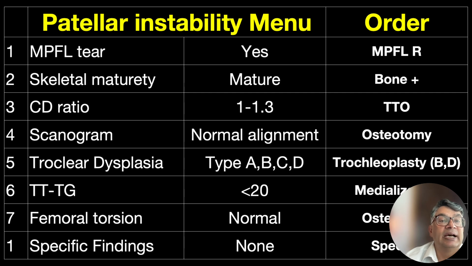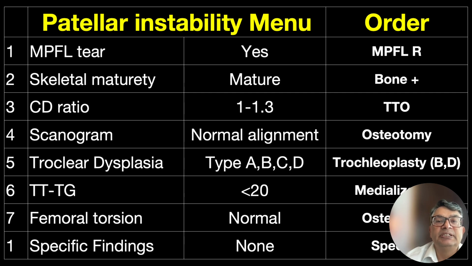I identify these 8 parameters: MPFL tear, skeletal maturity, Caton-Deschamps ratio, scanogram, trochlear dysplasia, TTTG distance, femoral torsion, and any other specific findings. I identify everything, and then I decide based upon these identifications. I order my menu. I order my food.